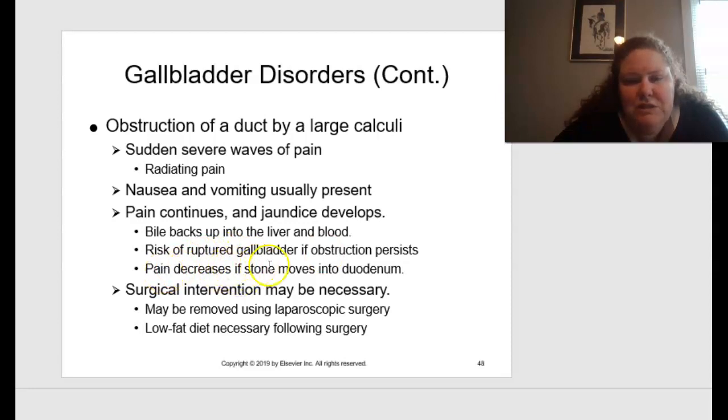The pain can decrease if the stone moves into the duodenum. And then surgical intervention, like we saw a couple slides ago in that big picture, may be necessary. Sometimes we can remove them by laparoscopic surgery. And because you won't have your gallbladder, a low-fat diet would be necessary following the surgery.